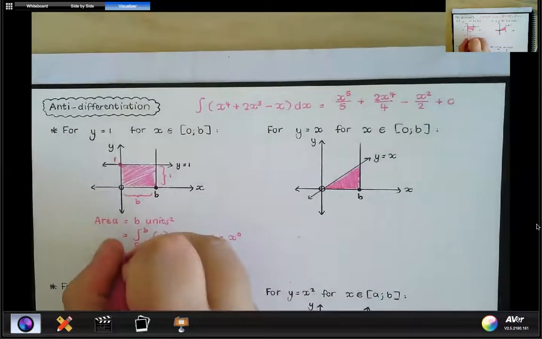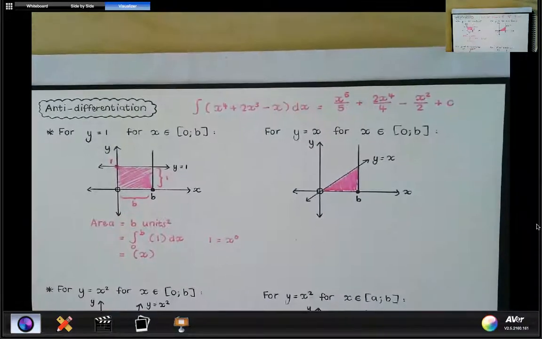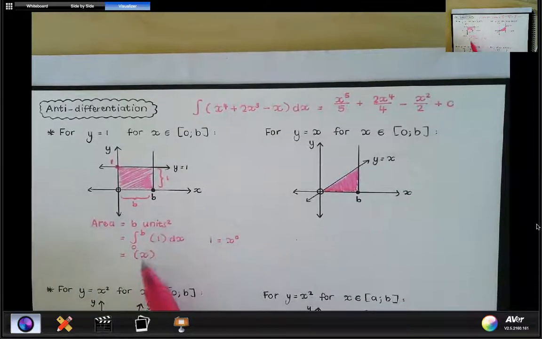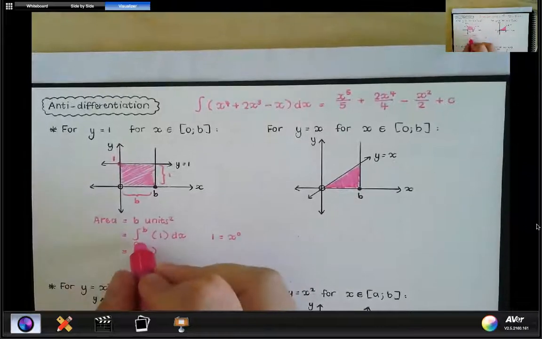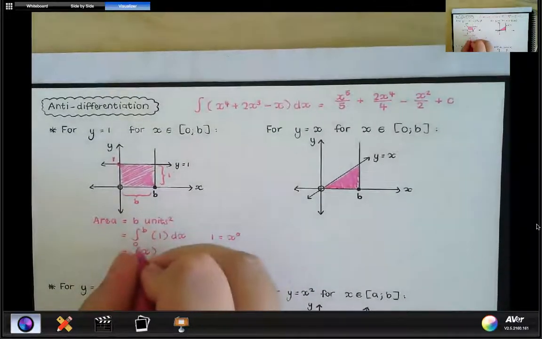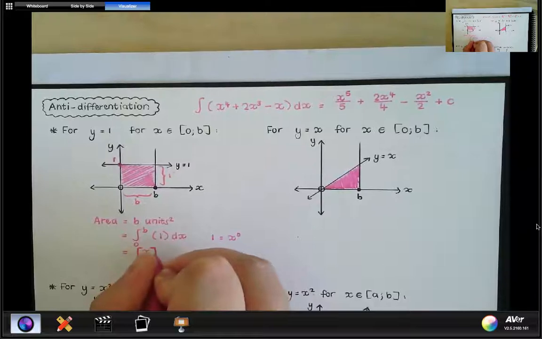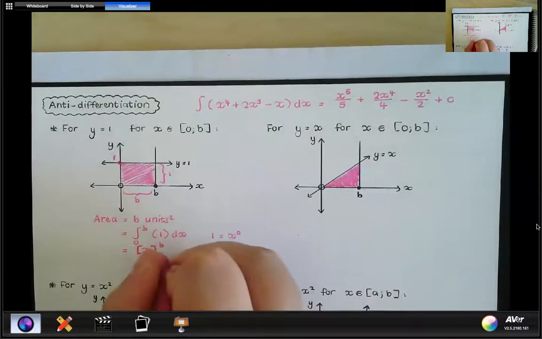Right, so this integral is x. And how do we go from x to getting a final answer of b? Actually, I want you guys to write this with square brackets. Sorry, that was my mistake. You can put those values there.